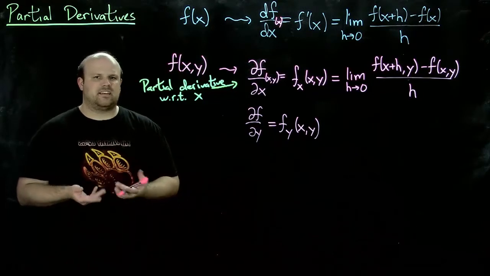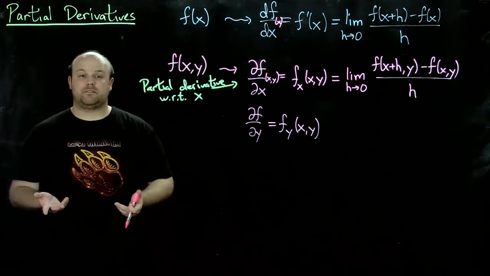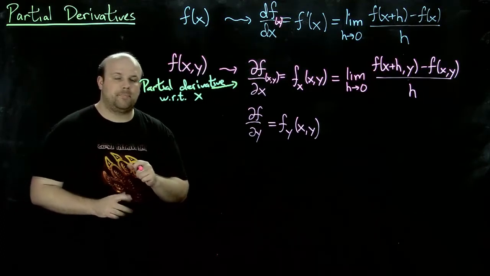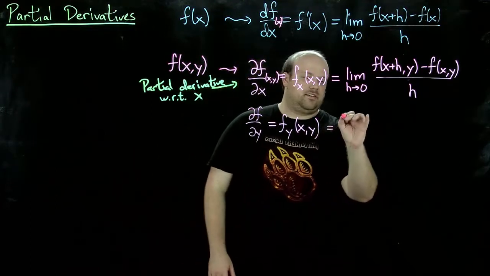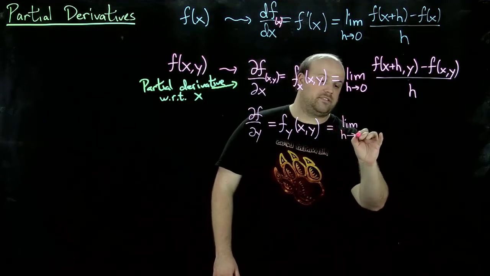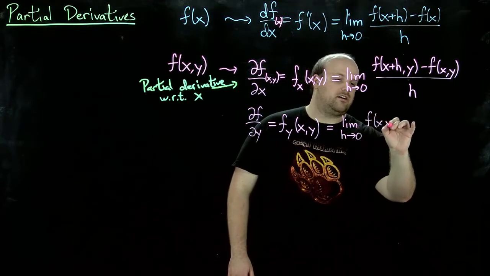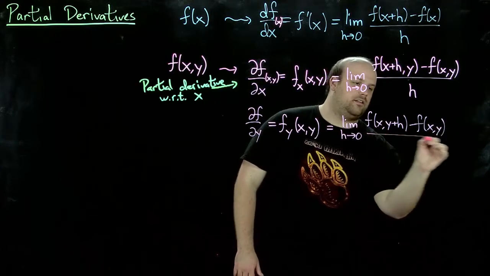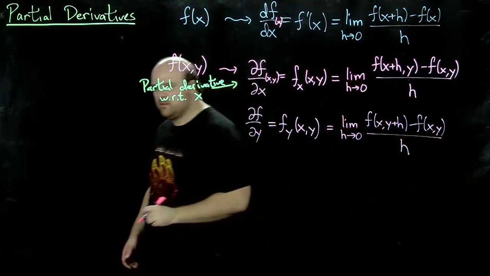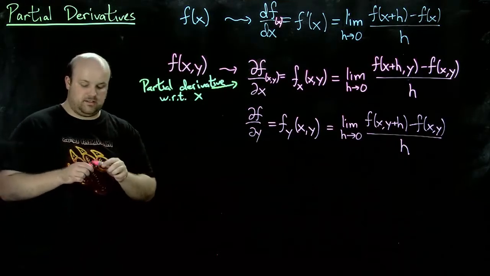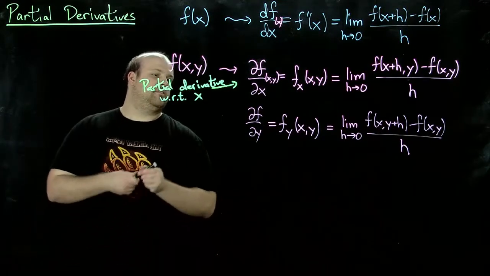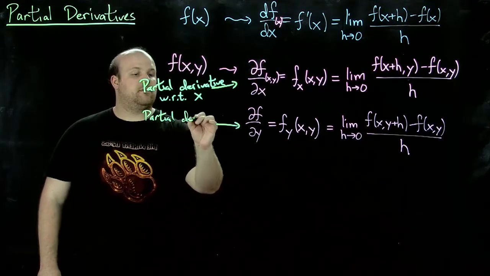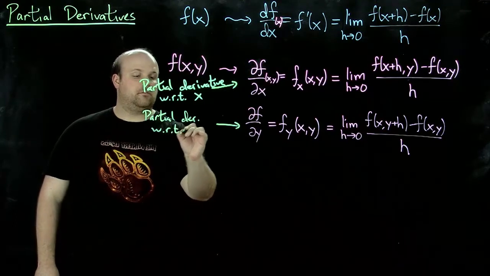And take a second, guess what you think the partial derivative with respect to y should look like as a difference quotient. Okay? So you should see that that's just limit as h goes to 0 of f of x comma y plus h minus f of x, y, all of this over h. Right? And that's the partial derivative with respect to y.